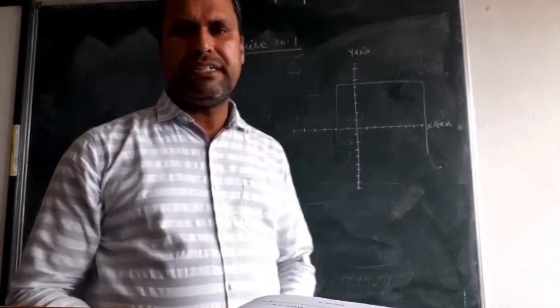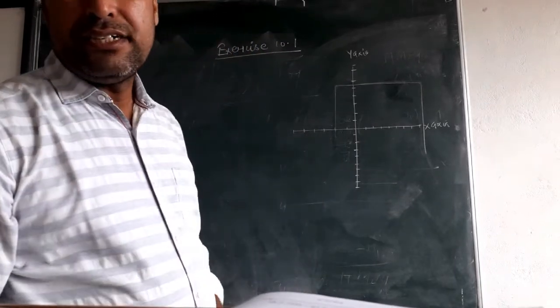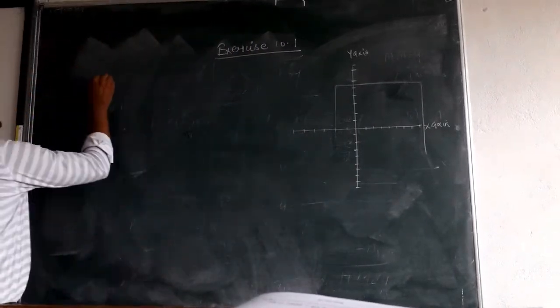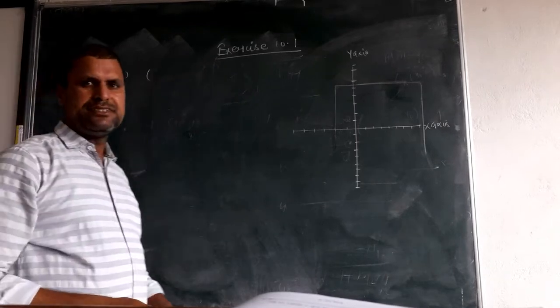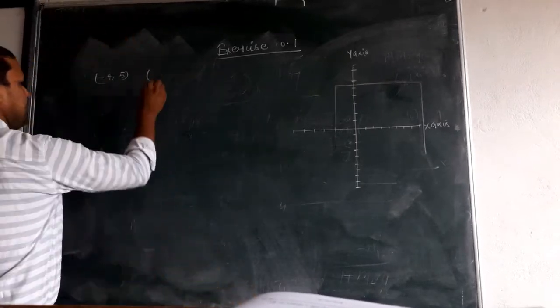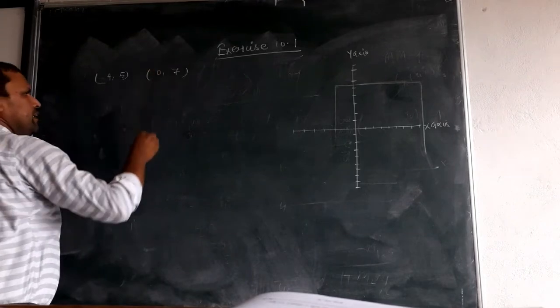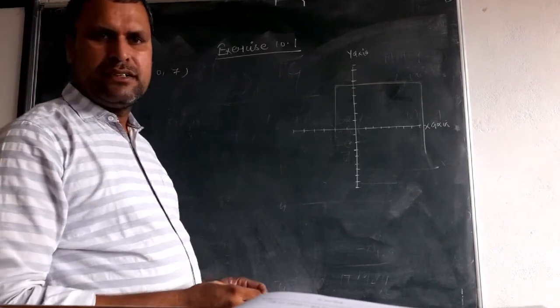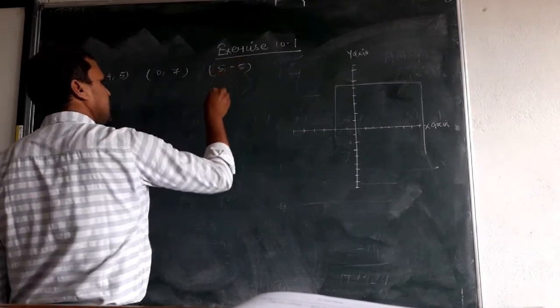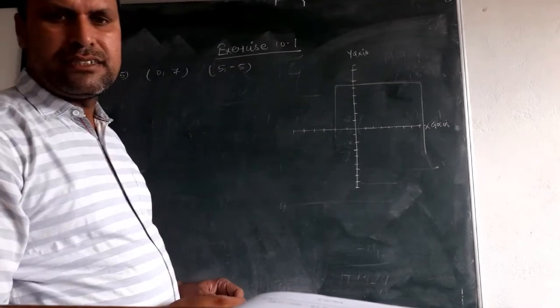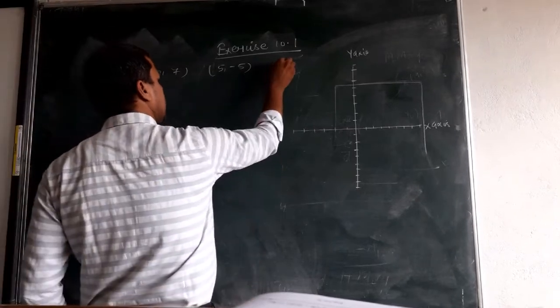So we have the points: -4, comma 5. The second point is 0, comma 7. The third point is 5, minus 5. And the fourth point is -4, minus 4.